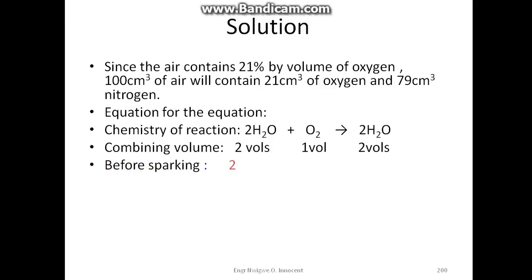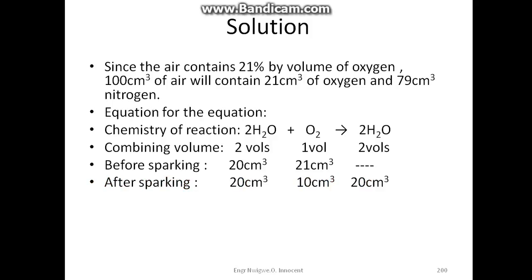Before sparking, 20 cm³ of hydrogen react with 21 cm³ of oxygen, while the product volume was not given. After sparking, 20 cm³ of hydrogen react with 10 cm³ of oxygen to give 20 cm³ of water.